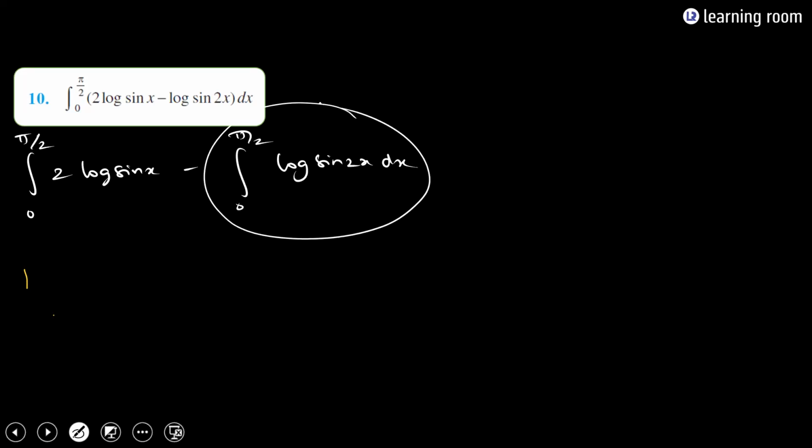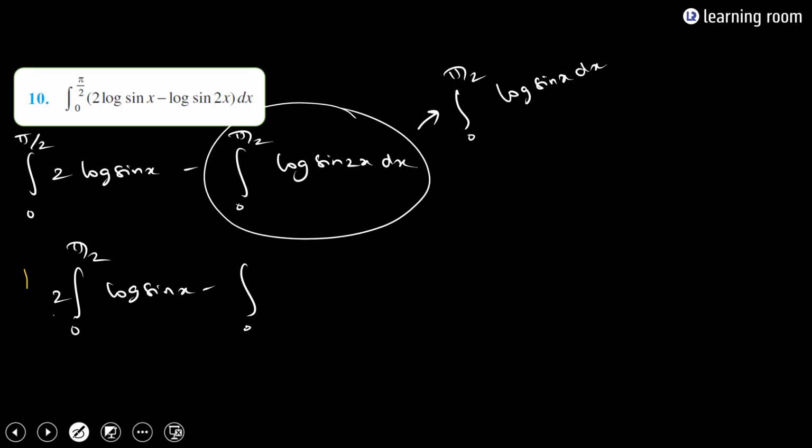So when you did this, you got this to come out as integral of 0 to pi by 2 log sine x dx. You remember that? Right. So this will be integral of 0 to pi by 2 times log sine x minus integral of 0 to pi by 2 log sine x dx.